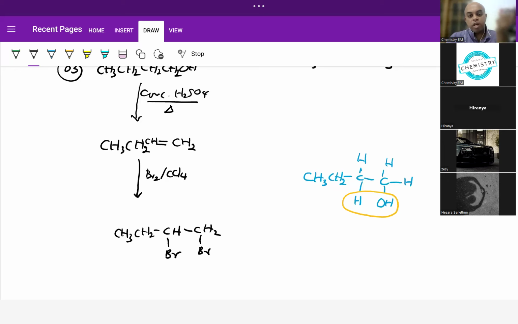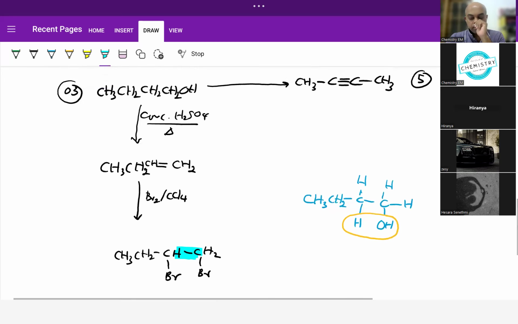So when we try to remove Br, a triple bond will be created in here, in between these two. But we need the triple bond in between these two actually, the yellow highlighted one. So therefore we need to shift the double bond.